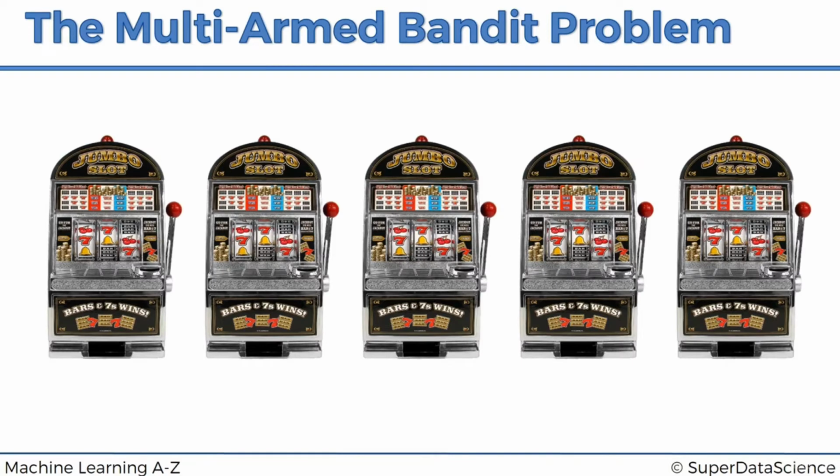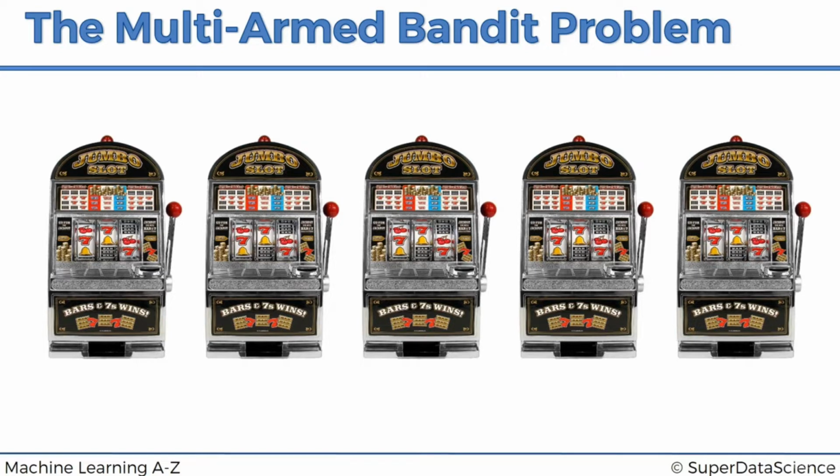As we discussed previously, the problem we are solving is the multi-armed bandit problem, where you've got 5 or more or any number of slot machines and you can bet your money in any one of them, and you need to find out how to bet to maximize your returns.